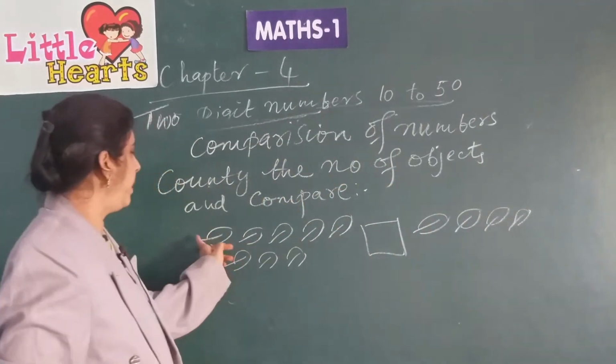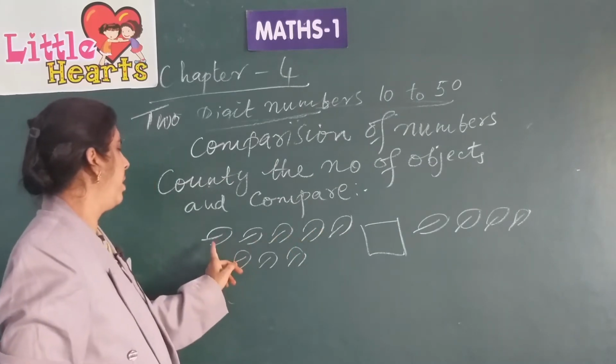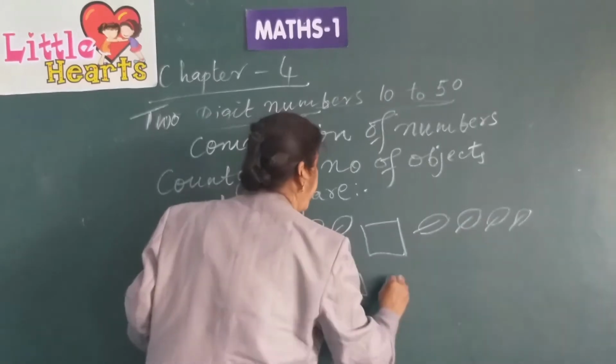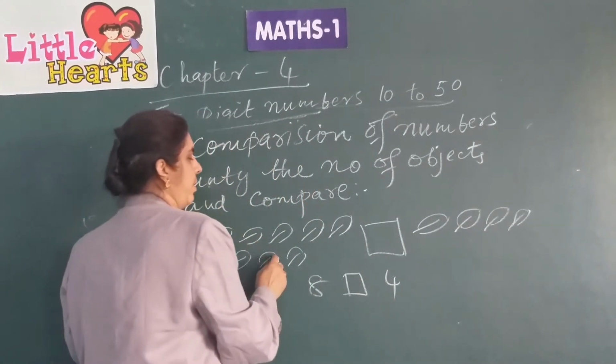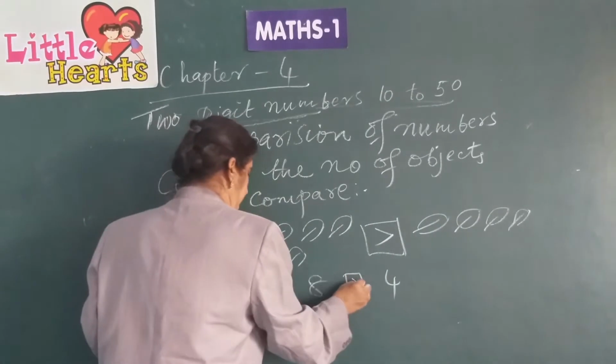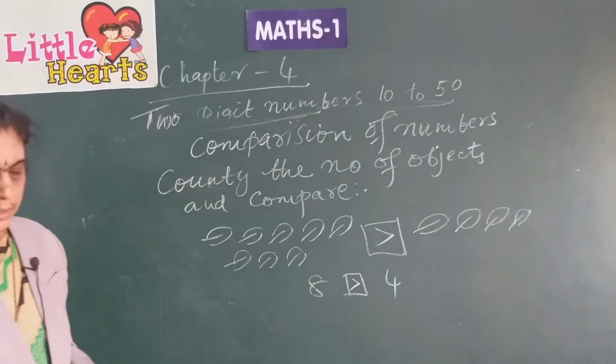See here, count this: 1, 2, 3, 4, 5, 6, 7, 8, and this side 4. So this is greater than this. 8 greater than 4.